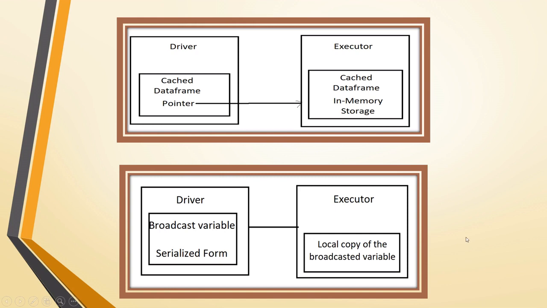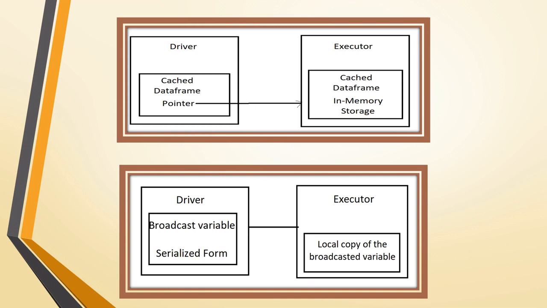So when you are executing tasks on each executor, the task can access this local copy of the broadcast variable without needing to transfer it over the network repeatedly, because the same file is maybe joined. If the same file is getting joined with the data available in many executor nodes or many worker nodes, we don't have to do that shuffling for accessing this data, because now we have this broadcasted data local copy in each executor.